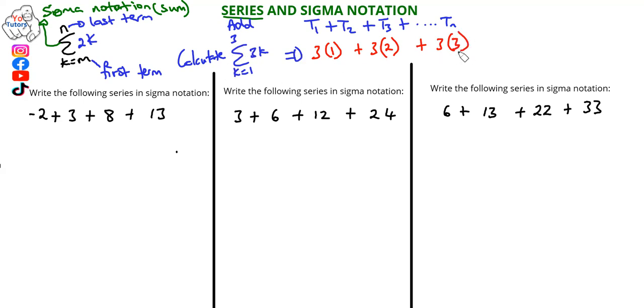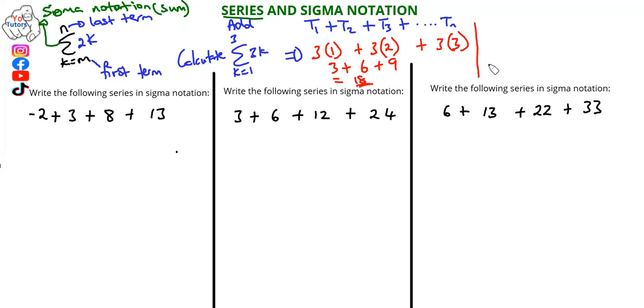All of these are represented by the sigma notation. 3k is our expression, so 3 times 1 gives us 3, plus 3 times 2 gives us 6, plus 3 times 3 gives us 9. If you add this, 9 plus 6 is 15, plus 3 is 18. So this is going to be our answer.